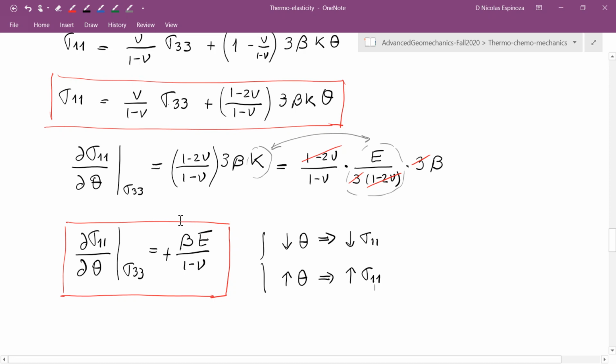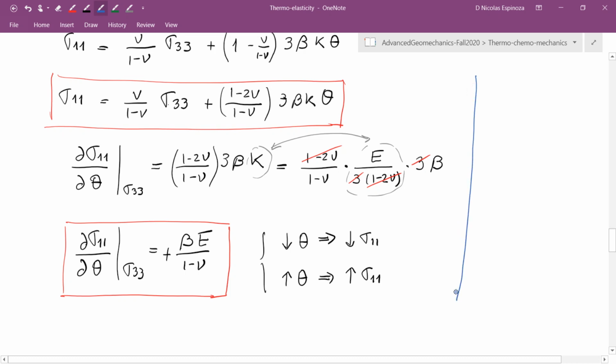Okay, before putting some numbers and running an example about this, let me remind you of something that is important to keep in mind in order to also read these equations. And I'm going to add this over here.